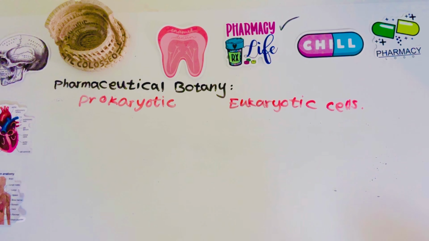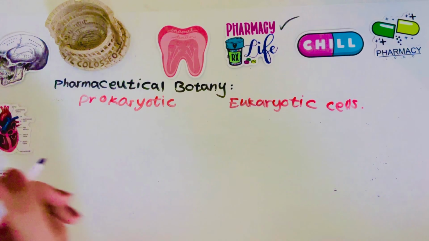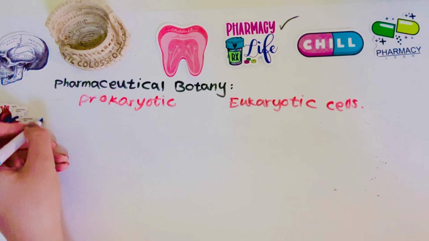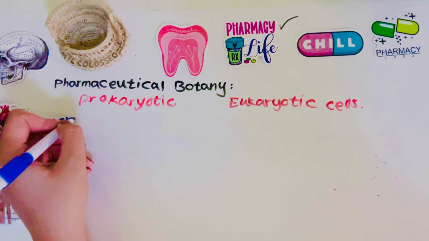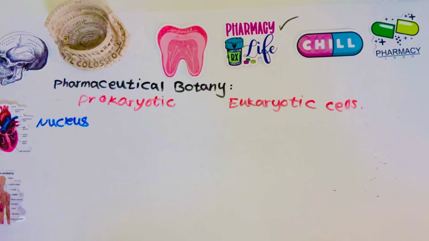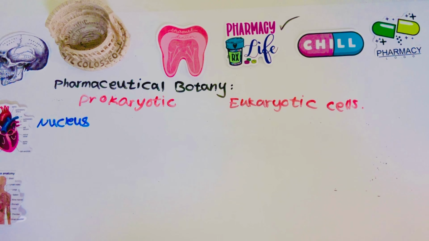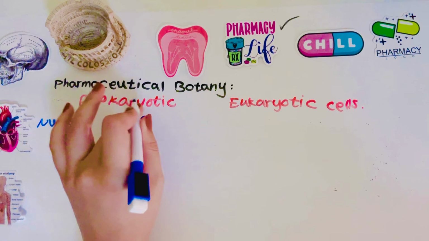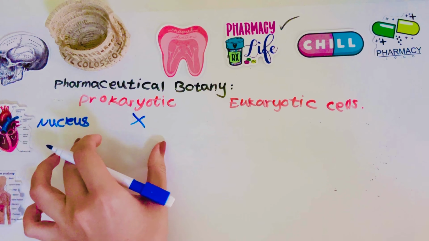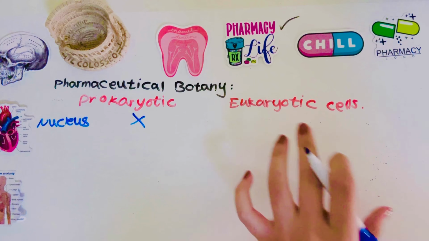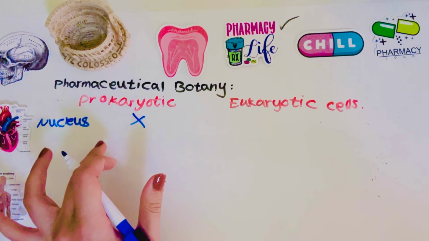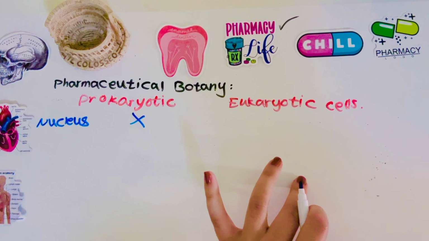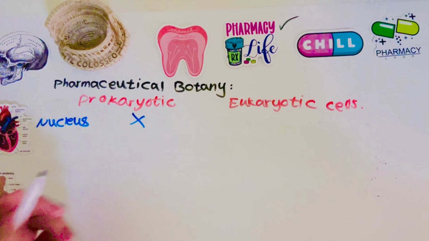Now, we will say that, for example, prokaryotic cells, do they have a nucleus? What's your answer? Do they have it or not? No. One of the main differences that you can use to tell whether a cell is a eukaryote or a prokaryote is the nucleus.